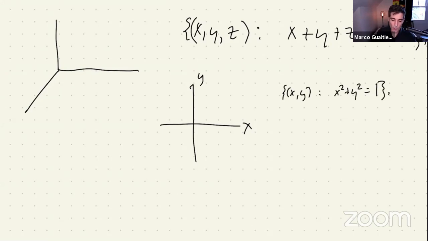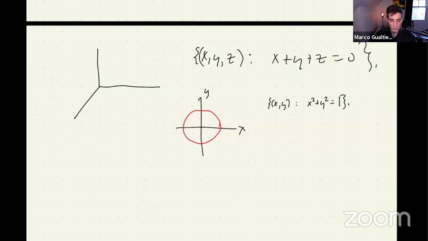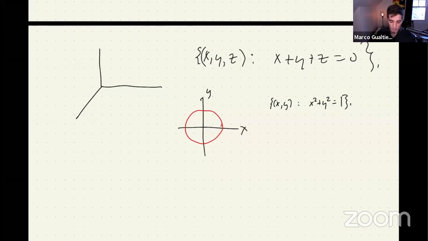The points which satisfy this constraint form a circle. The thing you need to be worried about with constraints is that if you just write down a general constraint, that constraint will not give you a linear subspace. It could give you all kinds of crazy stuff, like a circle, which is not a linear subspace of R2. So this type of constraint is not one that we are going to consider.